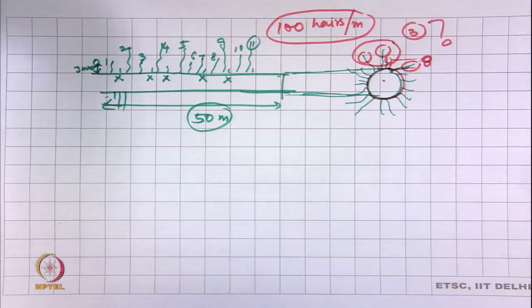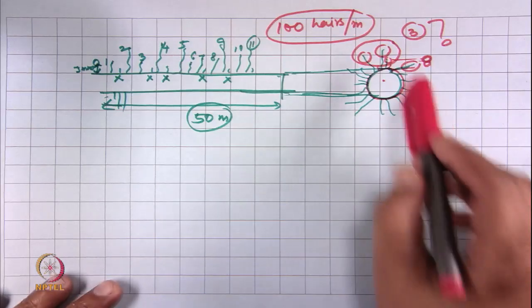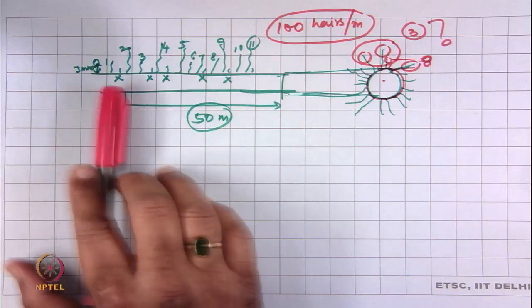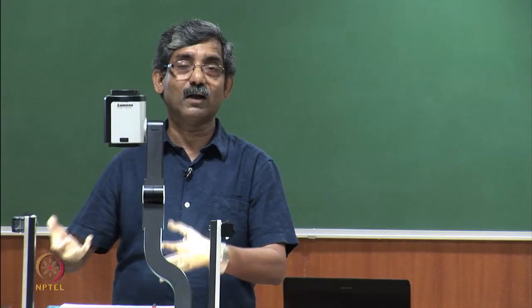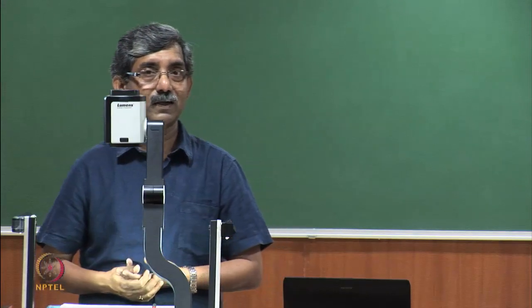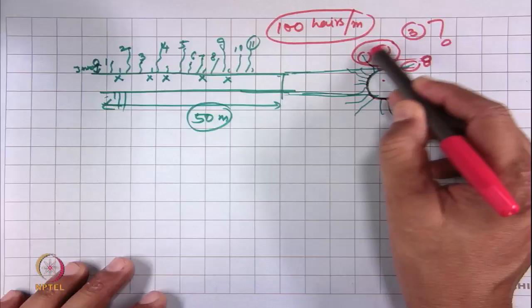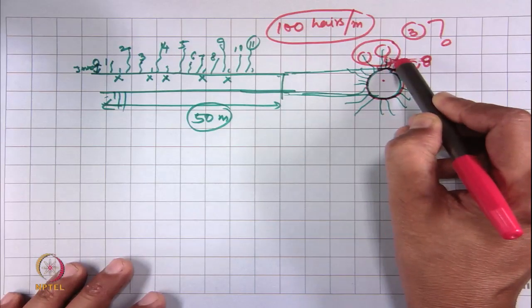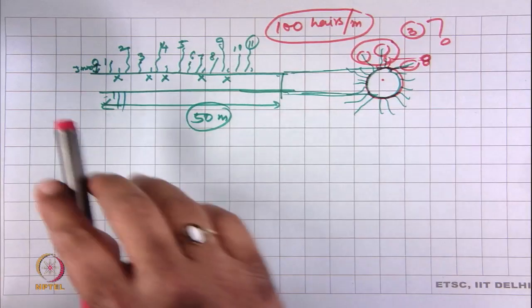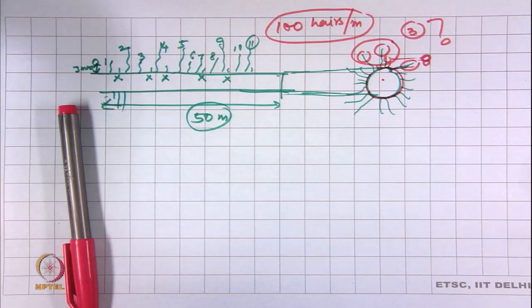One should not get confused that this gives the total number of hairs. It is only the hairs within this zone, and the rest are not counted, but for comparison or for some grading this is enough, because of the assumption that the hairs are uniformly distributed throughout the surface.